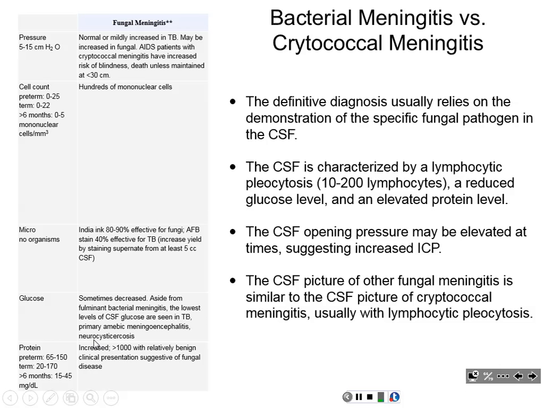Lymphocytes, like viral meningitis, right? Bacterial meningitis is neutrophils. A reduced glucose level, so that's like the bacterial meningitis, and an elevated protein level. So that's like bacterial meningitis. Opening pressure may be a little bit elevated, and the CSF picture for all fungal meningitis is like cryptococcal meningitis.